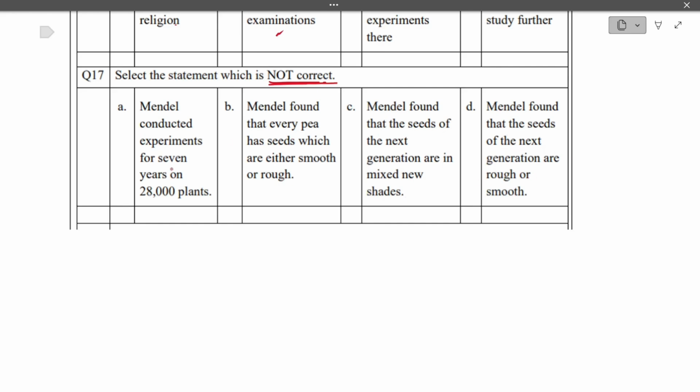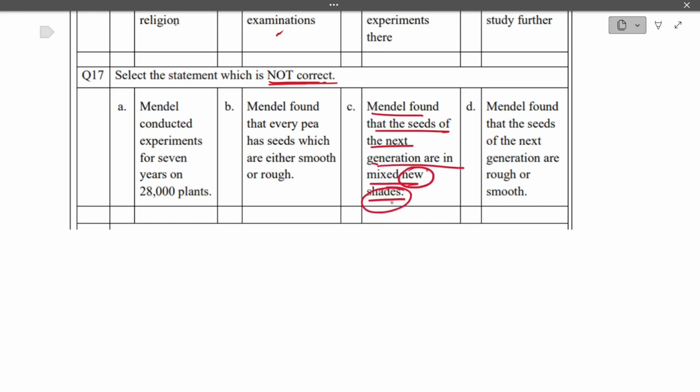So see, if you have read the passage correctly, we have seen that he told at many places that the traits of the seeds are going to be either one, either rough or smooth, or one color, either green or yellow. So this option C is a contradictory statement, which is wrong in this case. If you read this again, Mendel found that the seeds of the next generation are in mixed new shades. This is totally wrong.